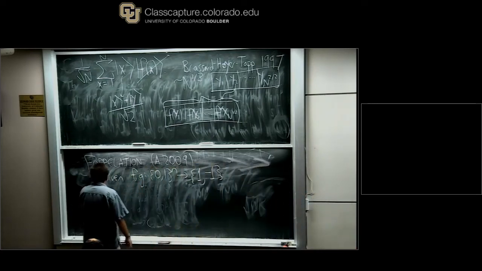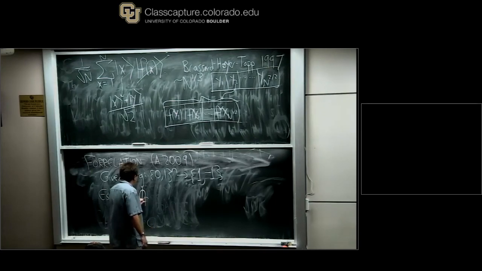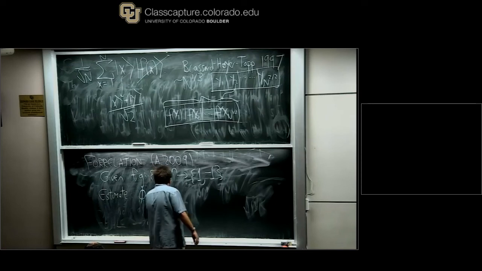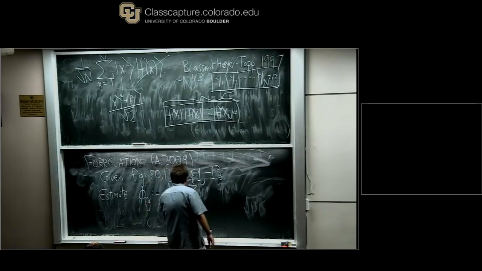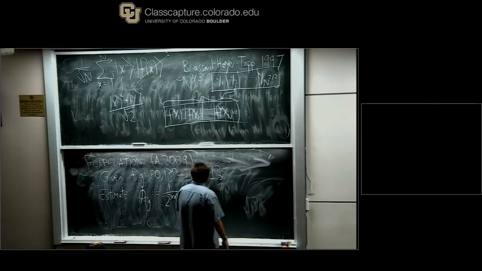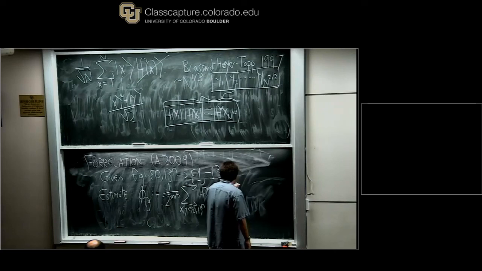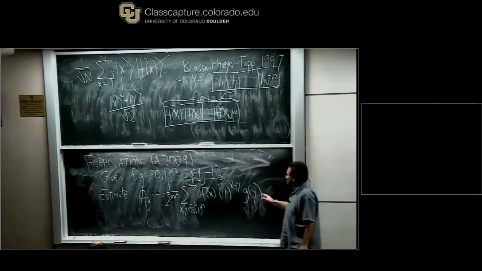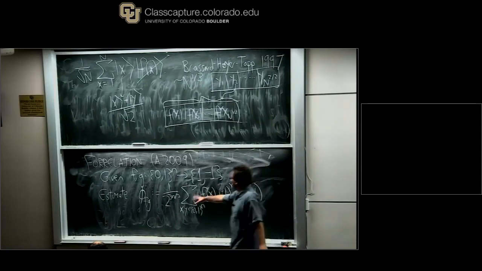And your task is to estimate a quantity that I will call phi of f comma g, which is defined as some normalizing factor times the sum over all n-bit strings x and y of f of x times -1 to the x dot y times g of y. This will always be between 1 and -1, this quantity.